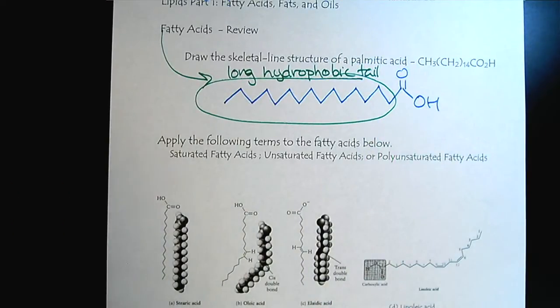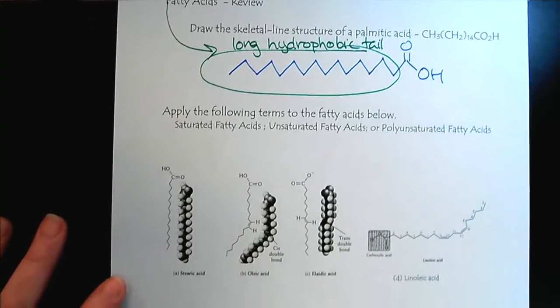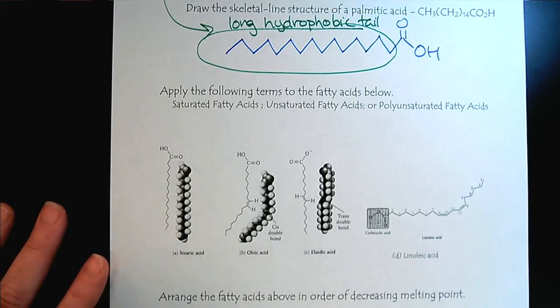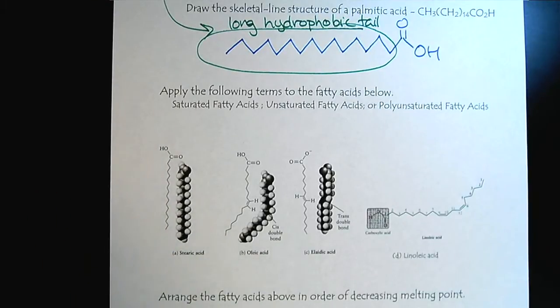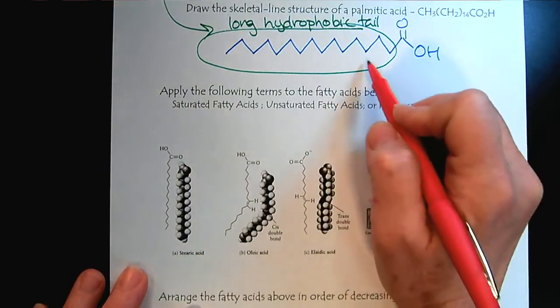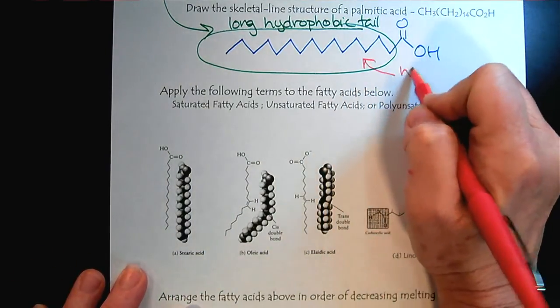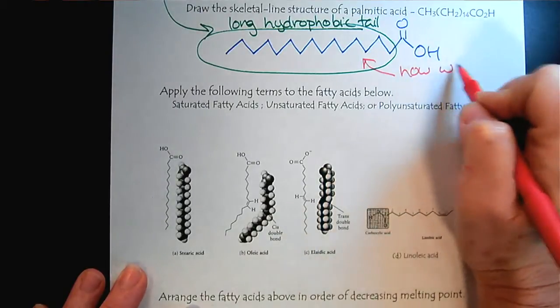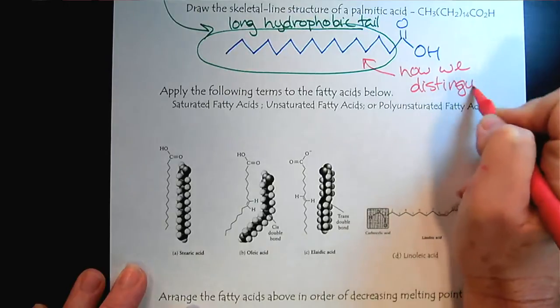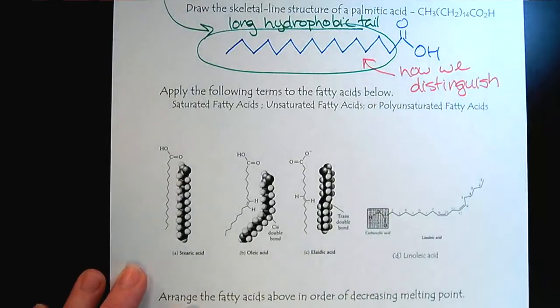Okay. So, since we studied this before, we got kind of warmed up there a little bit. Here are 4 different fatty acids, and so fatty acids are described, right, based off of the hydrocarbon tail. So this is how we distinguish between fatty acids. So let's practice making that distinction.